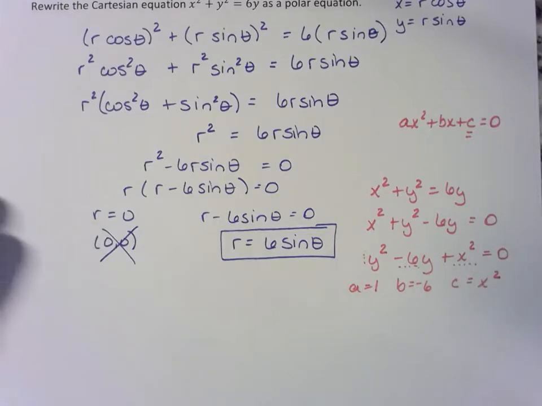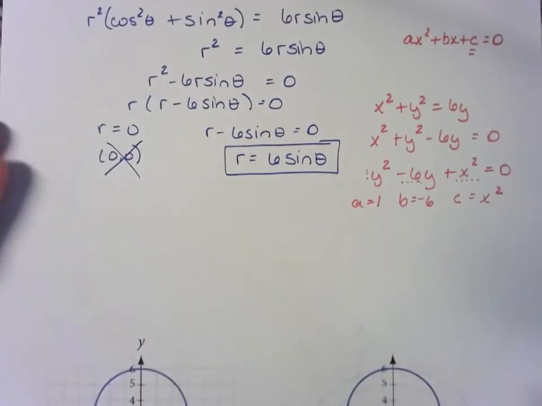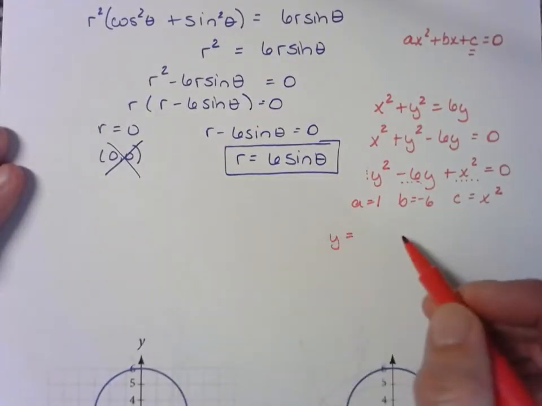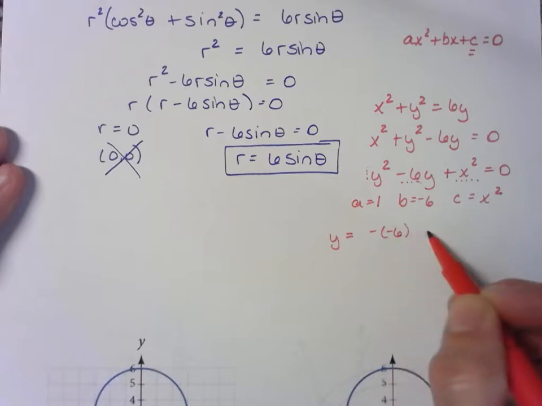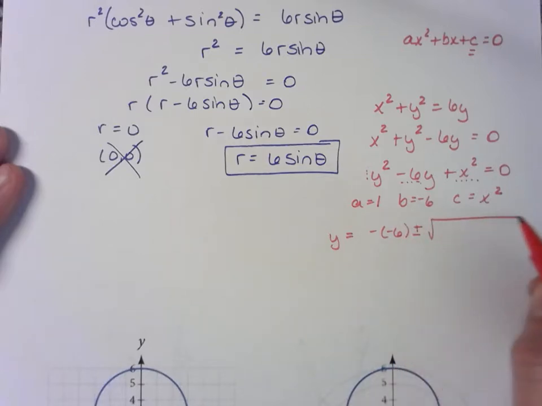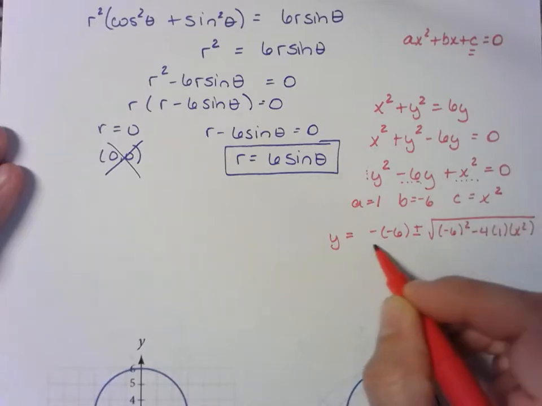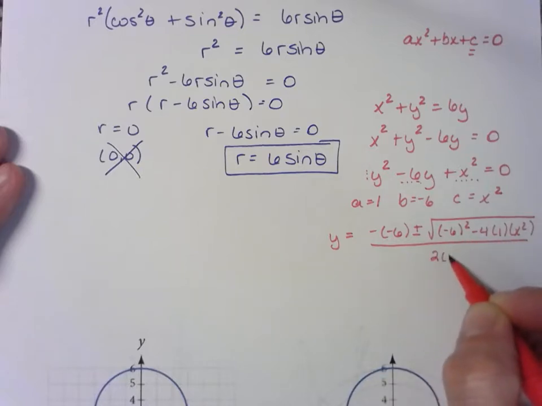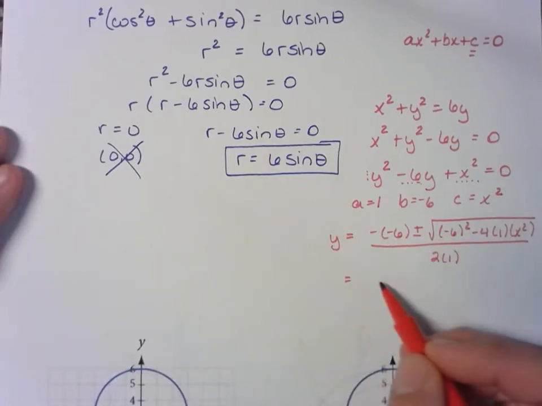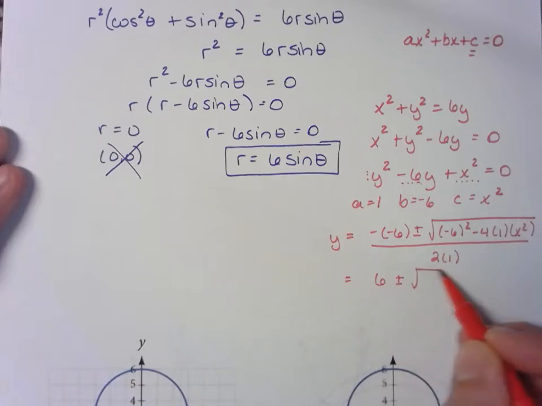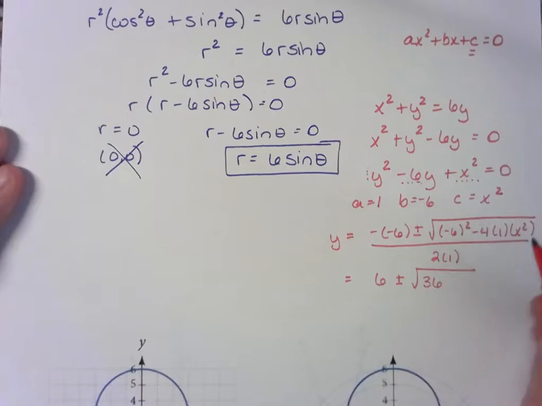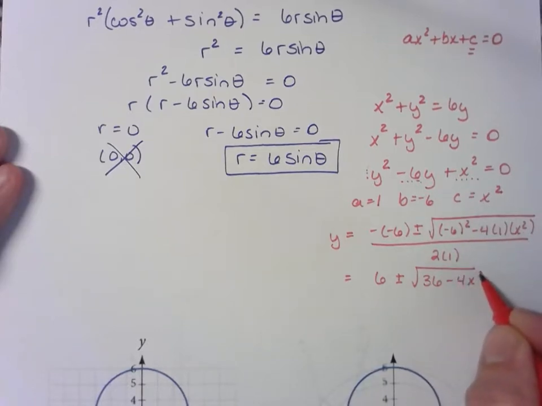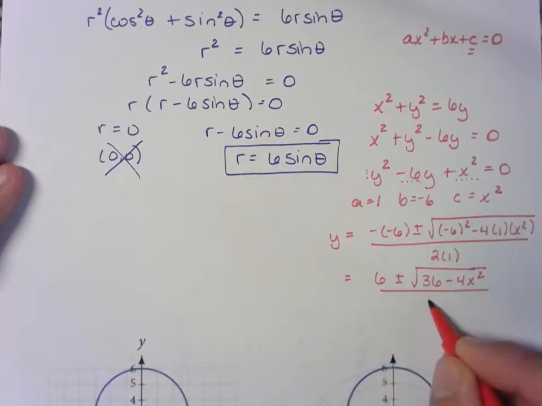We can actually use the quadratic formula to solve for y. So y is equal to negative b plus or minus the square root of b squared minus 4ac all over 2a. That would be 6 plus or minus the square root of 36 minus 4 times 1 times x squared, which is negative 4x squared, all over 2.